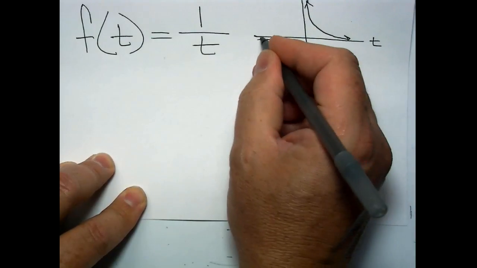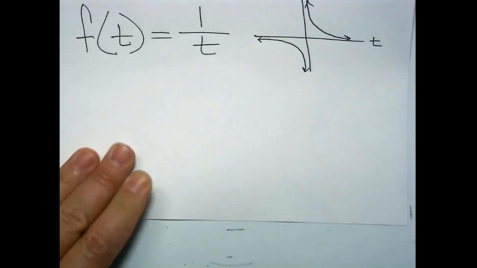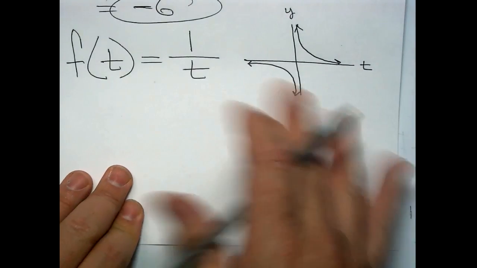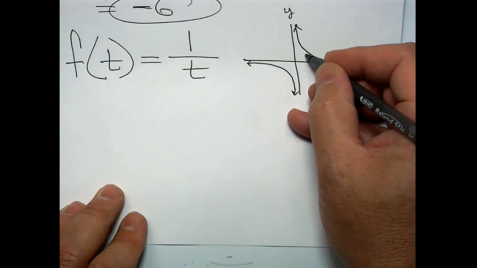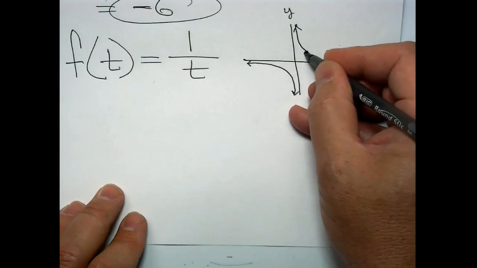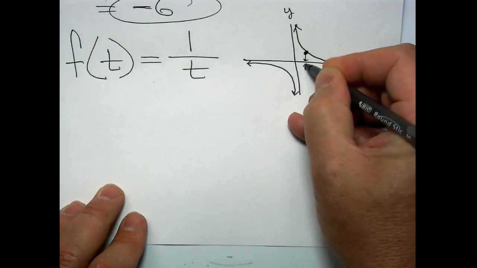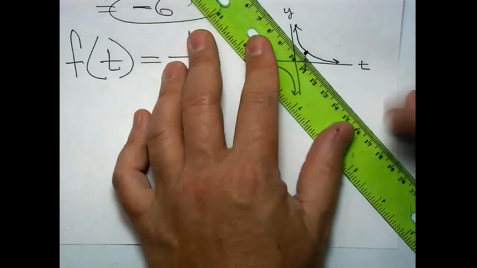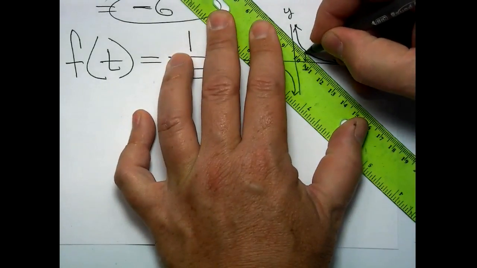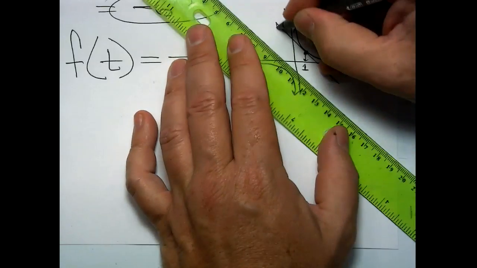So it's got both a horizontal and a vertical asymptote. So that's kind of what that curve should look like. And if I go right here to x equals 1, I have a sneaky suspicion on the slope of that tangent line.